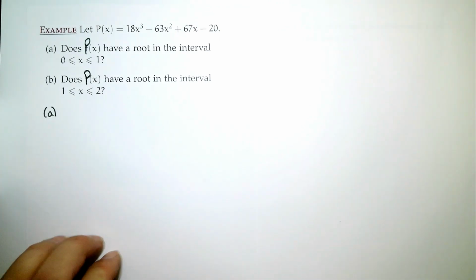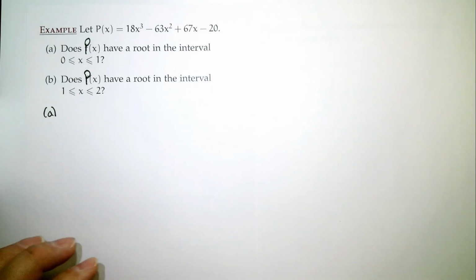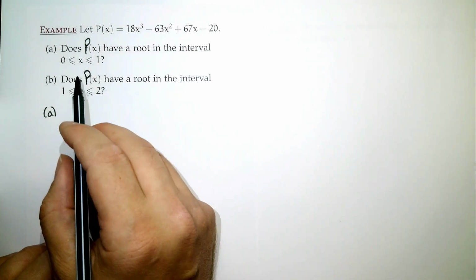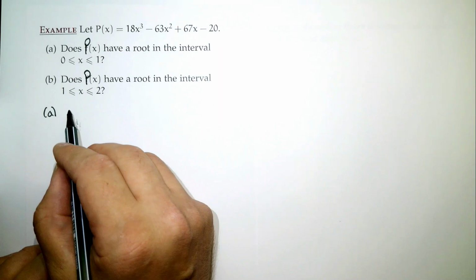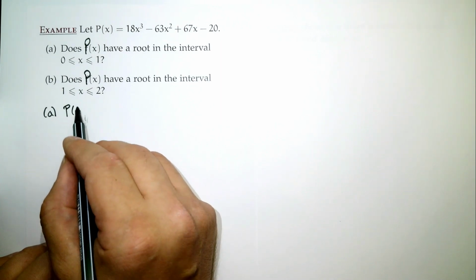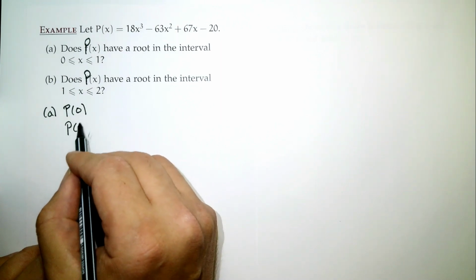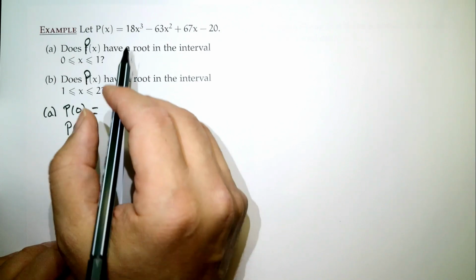So what do we mean by a root? A root means there's some number which I can plug in and I get 0 out. That's what a root means. So channeling what we just learned, let's look at the values p of 0 and p of 1. What do I get when I plug 0 in?